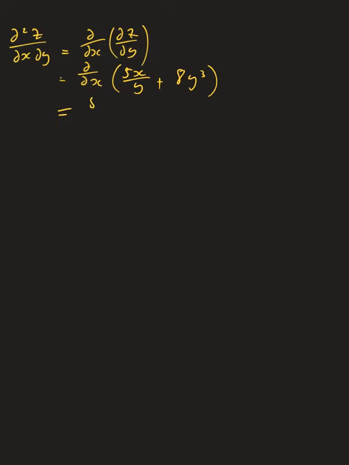That just becomes 5 over y when I differentiate with respect to x, treating y as a constant. 8y cubed has no x's in it, so that goes to 0. So it's 5 over y. The other way I could have gotten this derivative is to go first with respect to x and then y. So that would be del del y of del z del x.